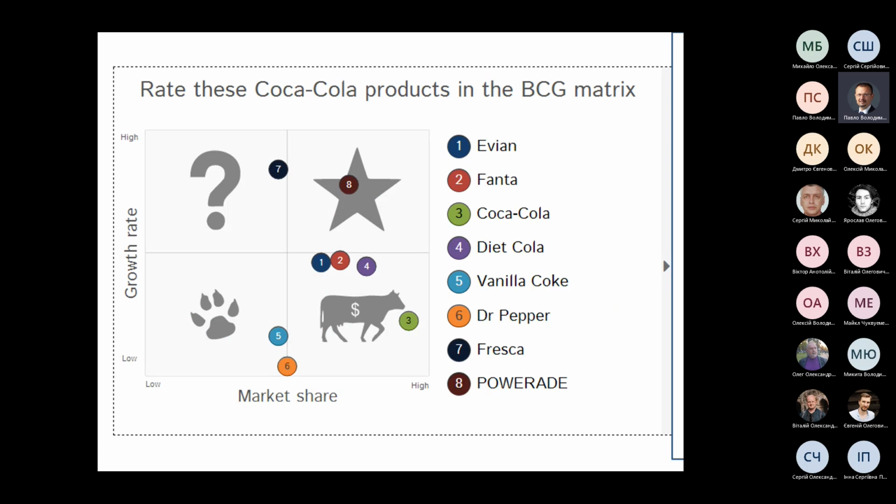And in the final part of the lecture, I decided to present you just some examples. I found them on the internet. It is the Boston matrix for different companies, and you will have to prepare something like this.